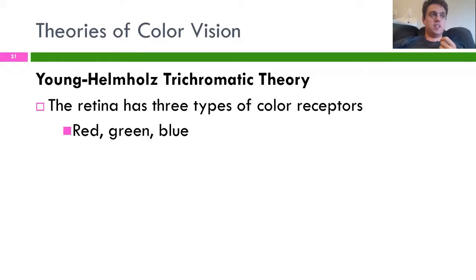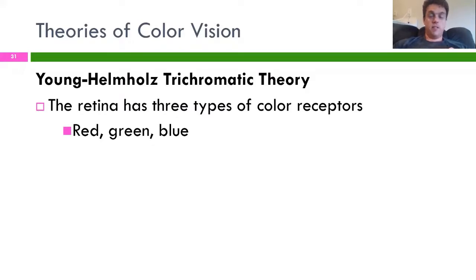So if we can make any color from these three primary colors, the theory was, and I guess still is, that maybe our receptors are basically tuned the same way, right? So maybe we only have red, green, and blue color receptors. And that does seem to be the case, right?